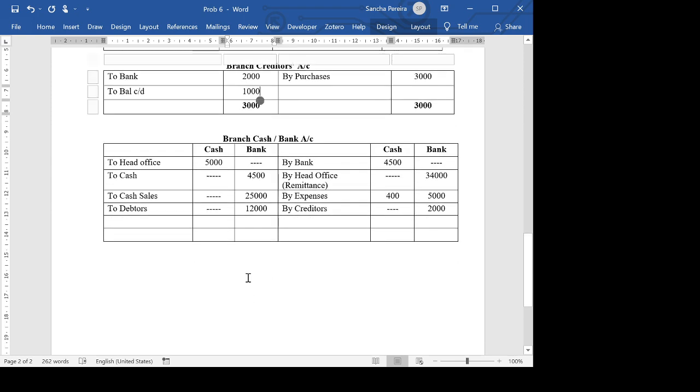To balance carried down will be 1,000 rupees. And this side we have, your cash, the debit is more. So we have 5,000 here and 5,000 here.